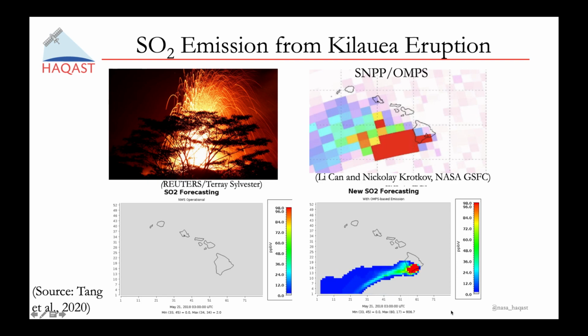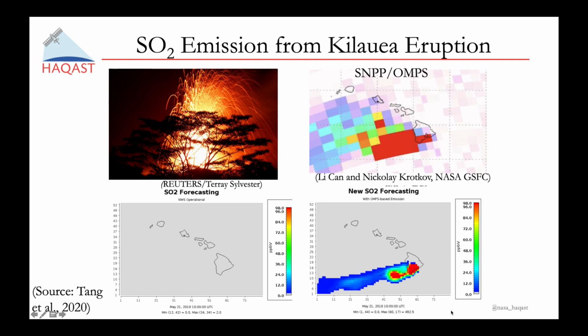In May 2018, the Kilauea volcano erupted on the Big Island of Hawaii. The HAQAST team received a lot of requests to provide information related to air quality, public health, and emergency responses. At that time, the volcano eruption information was not included in the National Air Quality Forecasting Model.